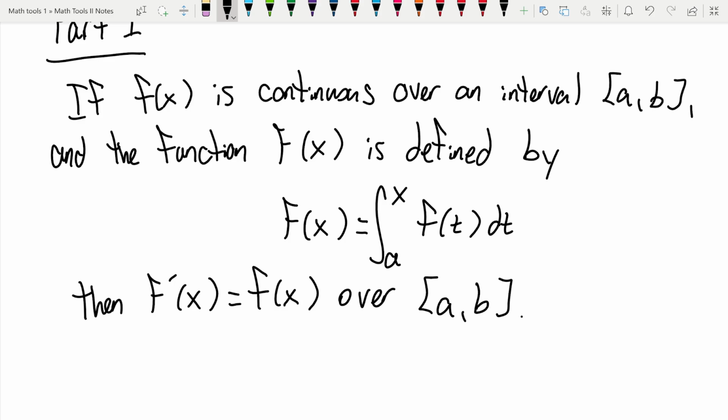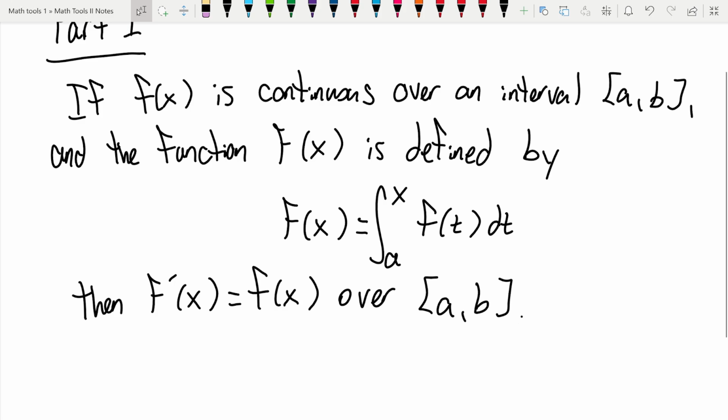And that's very important. So this is establishing the inverse relationship between differentiation and integration. And it's setting us up for being able to find the integral of a function using what's called the antiderivative, meaning exactly what it sounds like. We kind of work backwards. We look at the function and think, okay, what function could we take the derivative of to get this function, right? So we'll work on that probably in the next video.